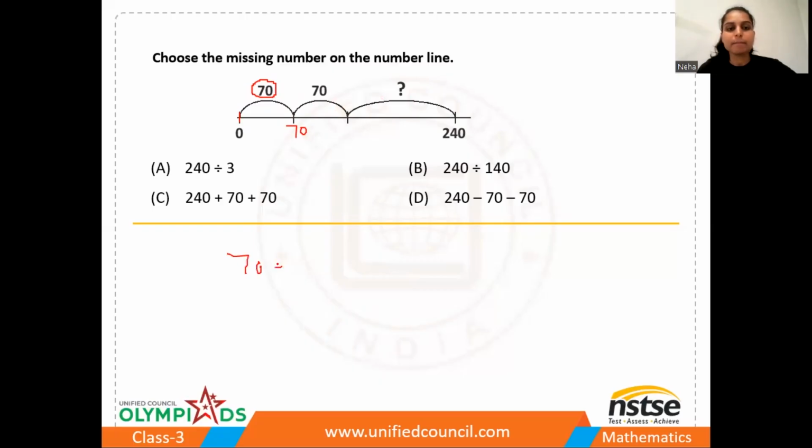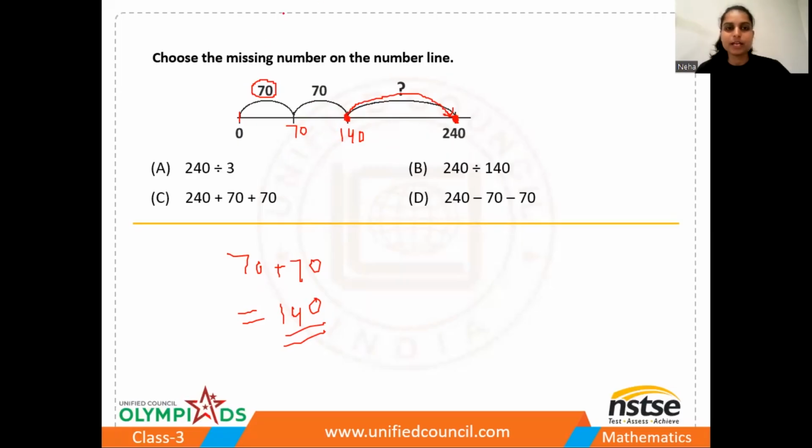So 70 plus 70 is what? 0 plus 0 is 0, 7 plus 7 is 14. So this is 140, right? Now the question is asking: if this point is 140 and this point is 240, then how much am I going from there to there? That means how much difference is there between 240 and 140?